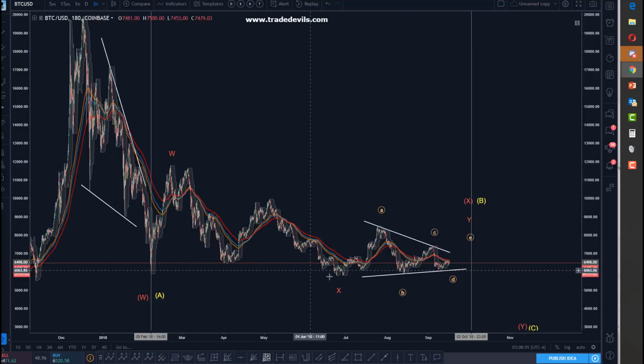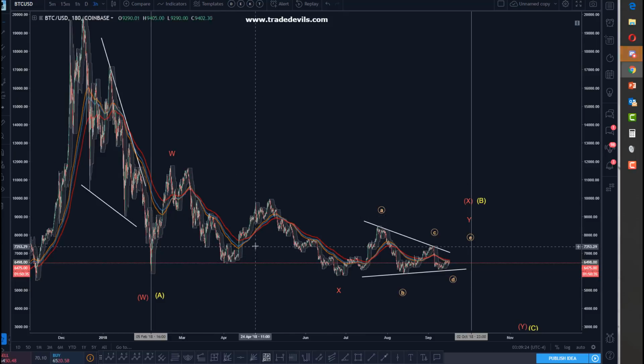Now this zigzag also has a very clean ratio. We did the same measurement where I had this measured as a 1 of an ending diag. I had this 1, 2, 3, 4, and then a 5 down. But we measured the 3 and the 1 relative to each other very clean. This is 786 of this, right?